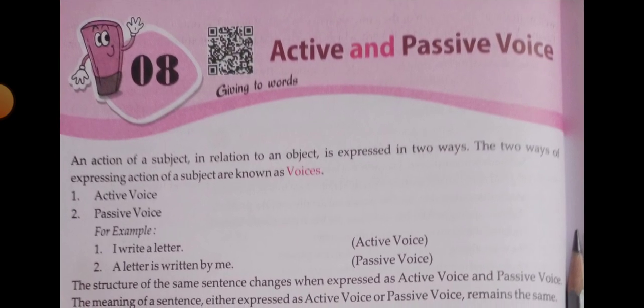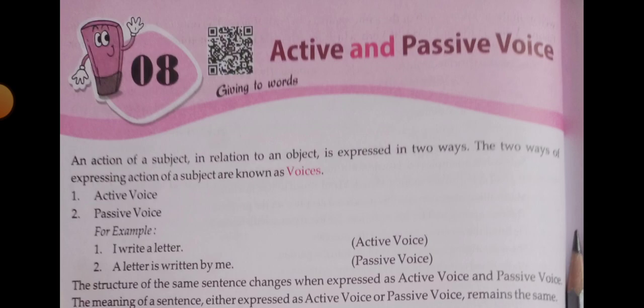Dear students, there is a change in the main verb as well as in the auxiliary verb. Auxiliary means your modals, the helping verbs, we call them auxiliaries. The only form of the verb used in passive voice is the third form of the verb, which is also called the past participle.